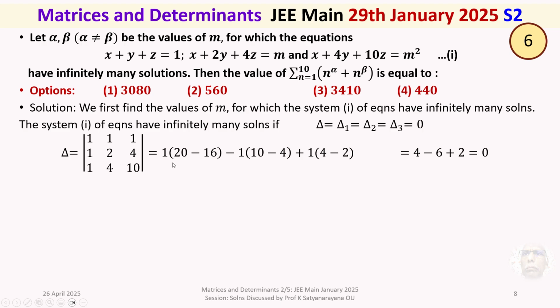Expand this determinant by first row, simplify, we'll get 0. So delta is equal to 0 is satisfied.